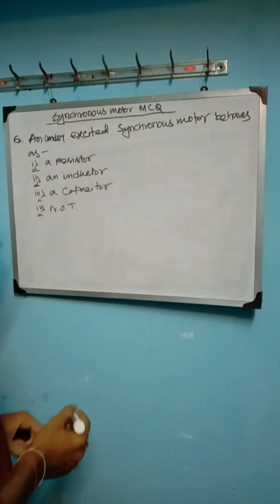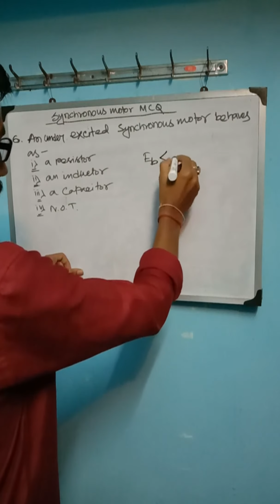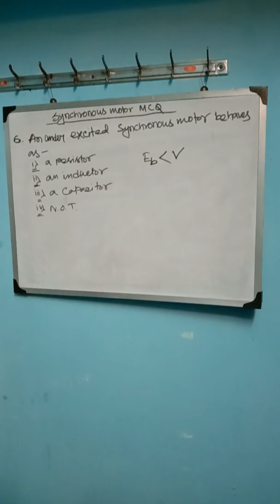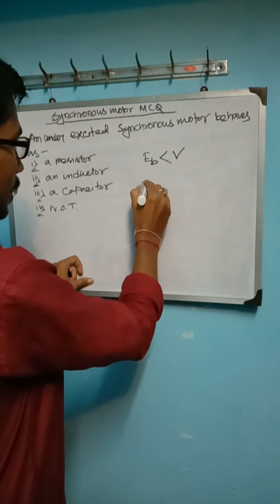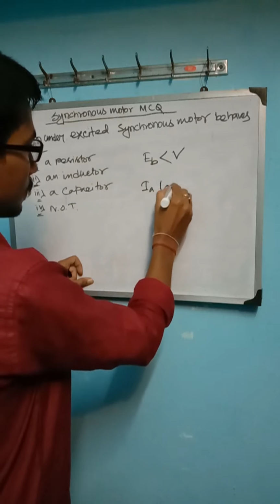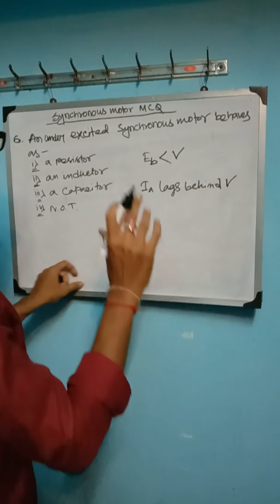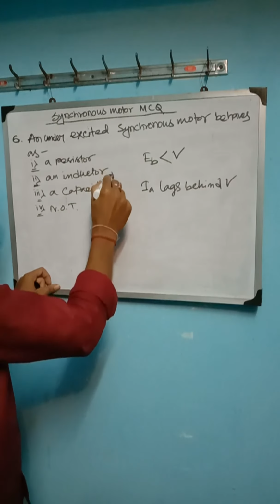So in the case of underexcited, Eb is less than V, and the armature current IA lags behind V. So in the case of underexcited, the synchronous motor behaves as an inductor.